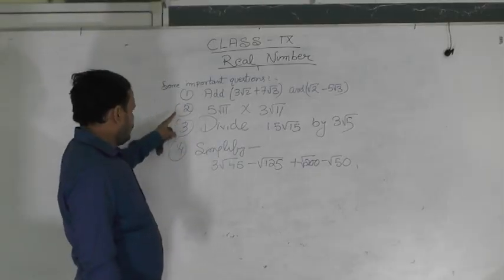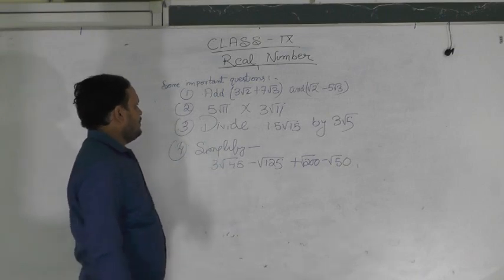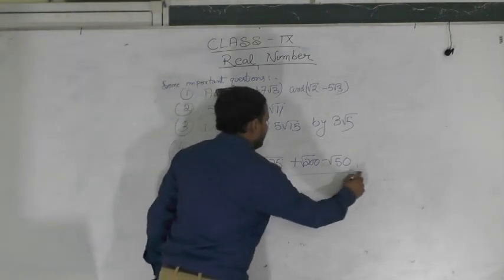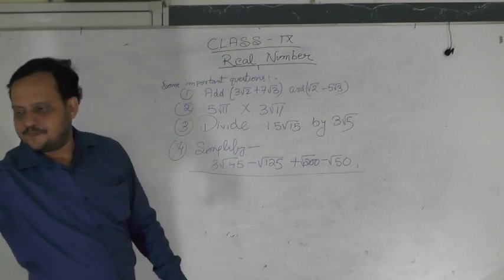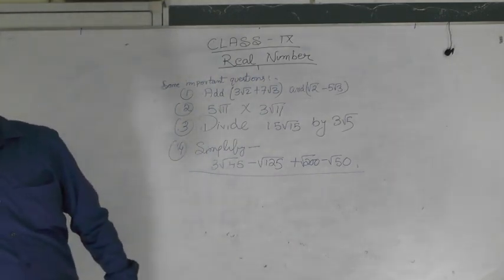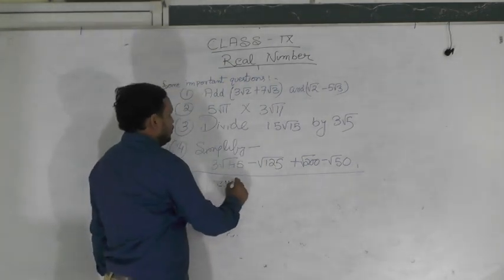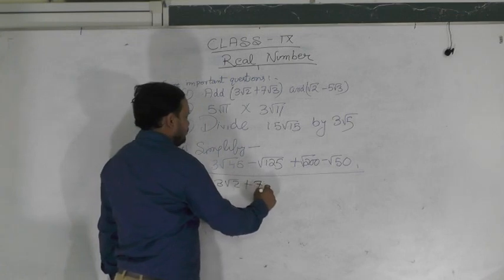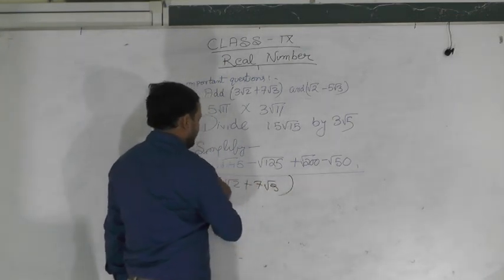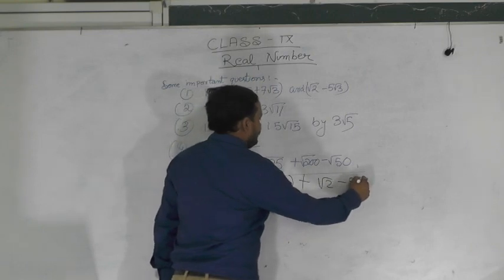We have given four different types of questions on the whiteboard. The first question is, you have to add 3 root 2 plus 7 root 3 plus root 2 minus 5 root 3.